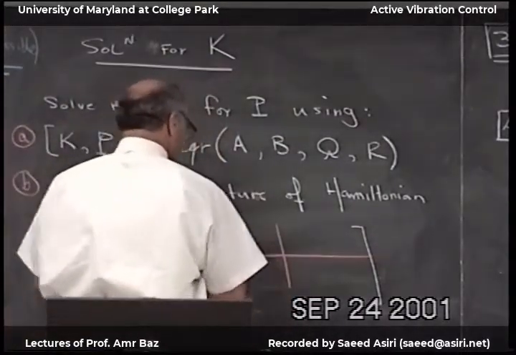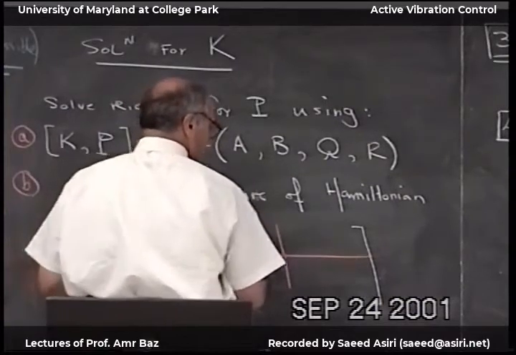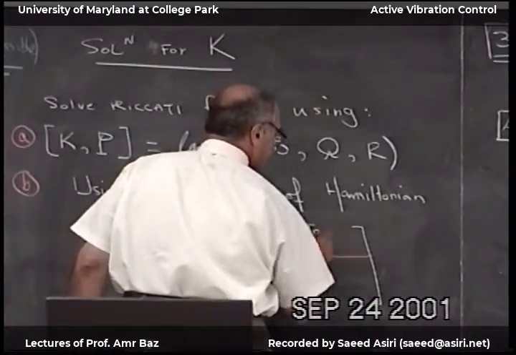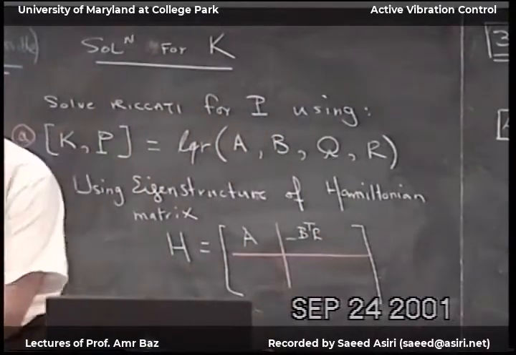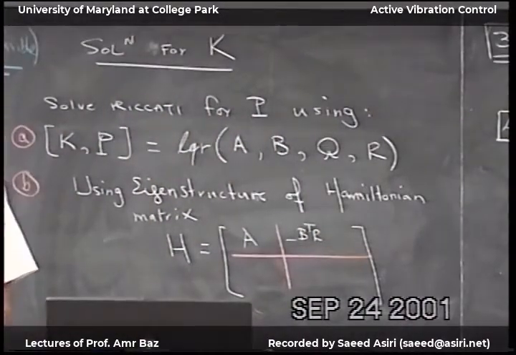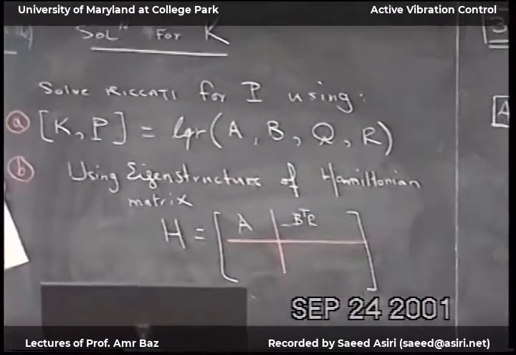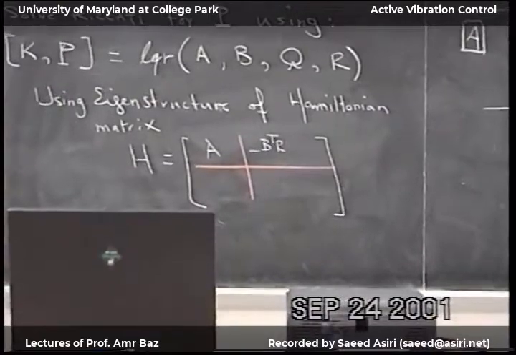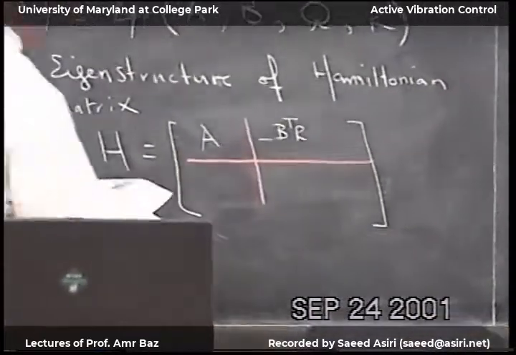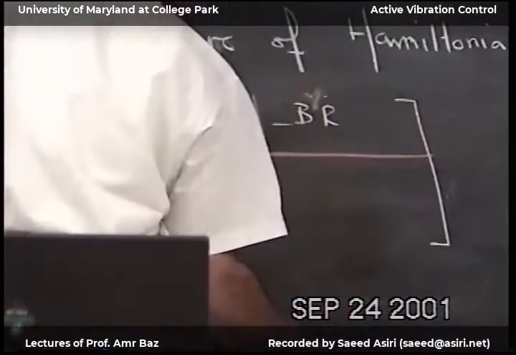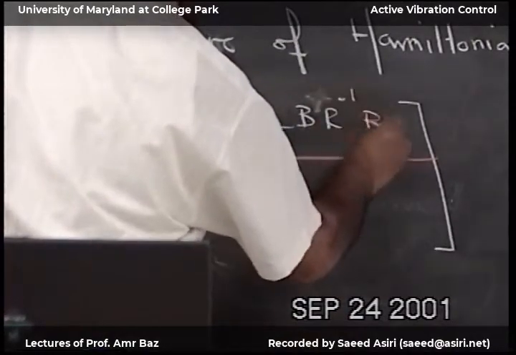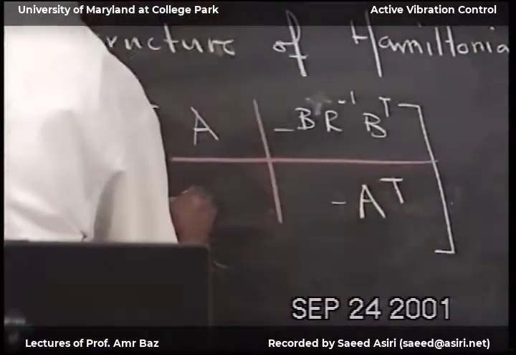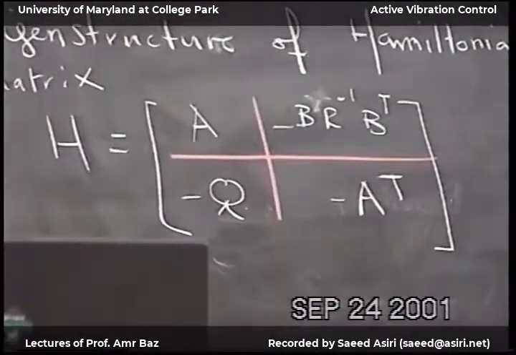It has the A and the minus B R inverse B transpose, and minus Q and minus A transpose.